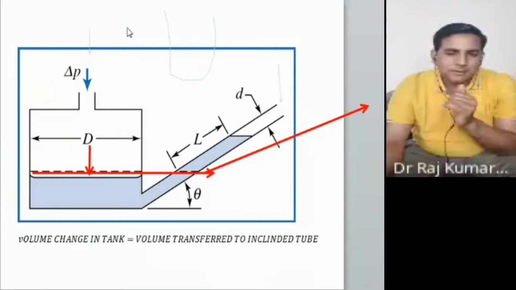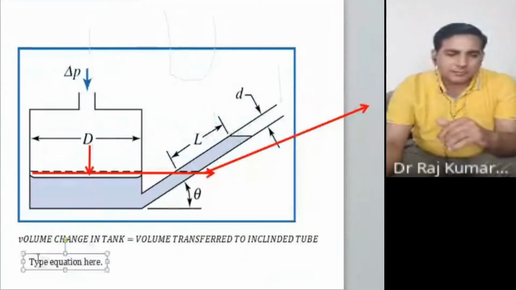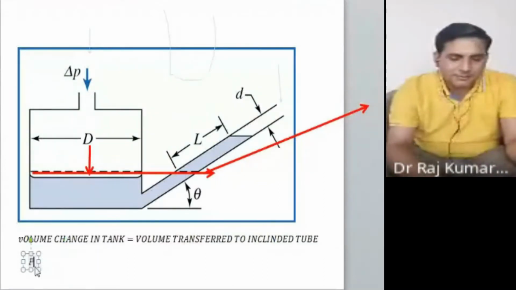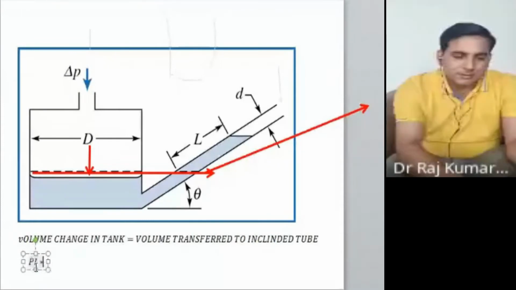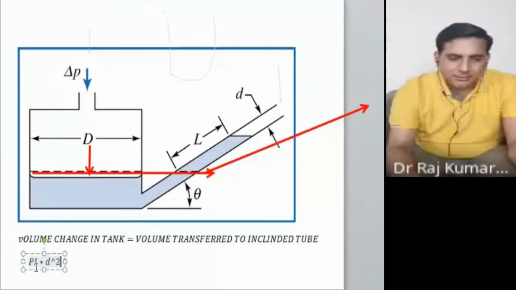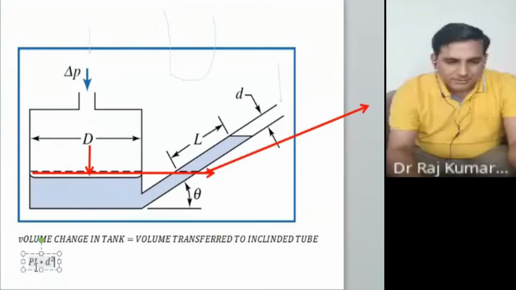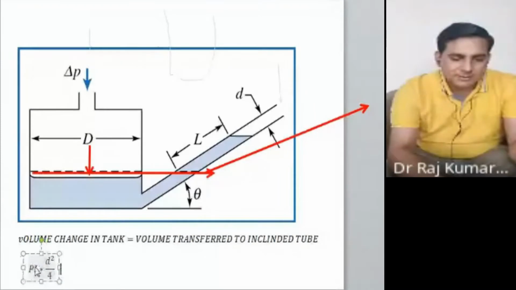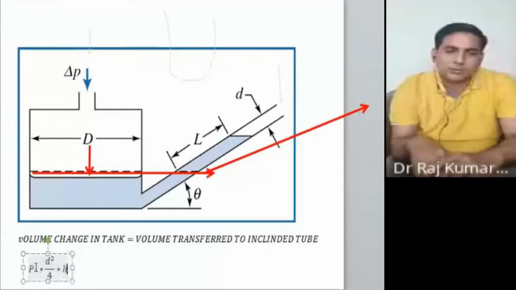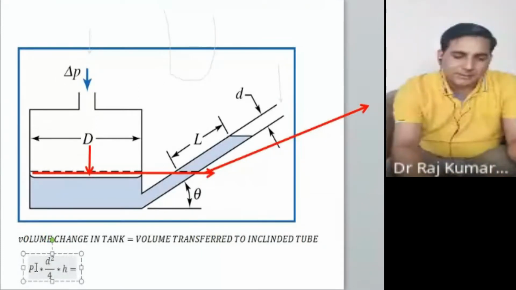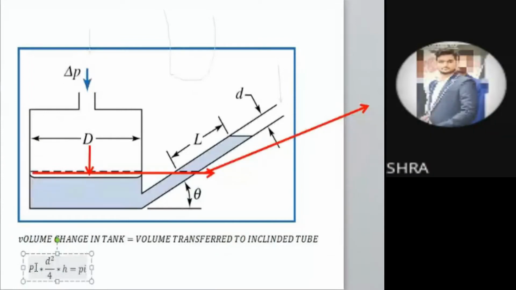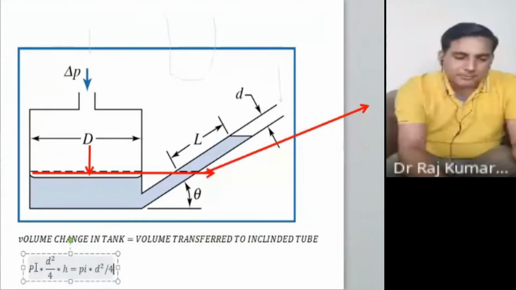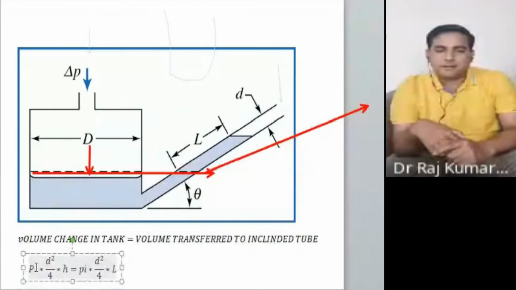The volume of the first tank would be pi D square divided by 4 and multiplied by this delta h, which is just small h here, would be equal to that side, again pi multiplied by small d square by 4, and multiplied by this L only, right? Correct or not?